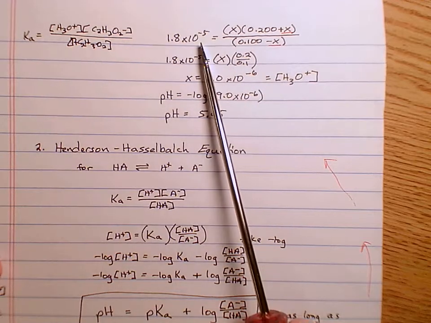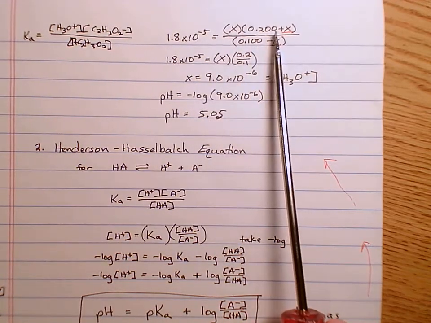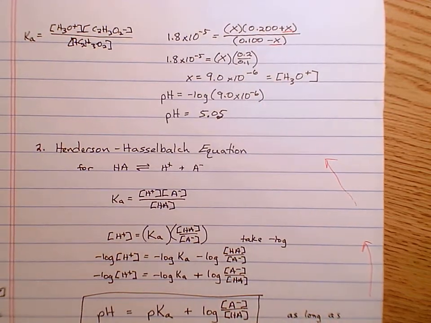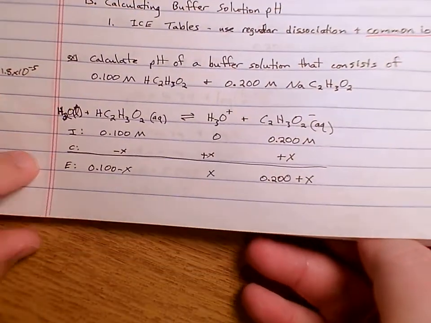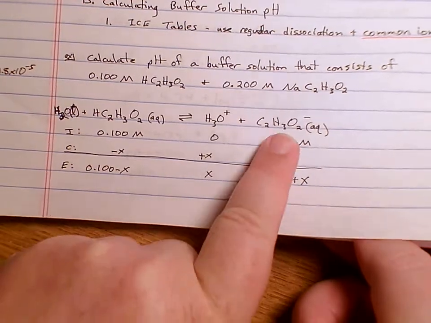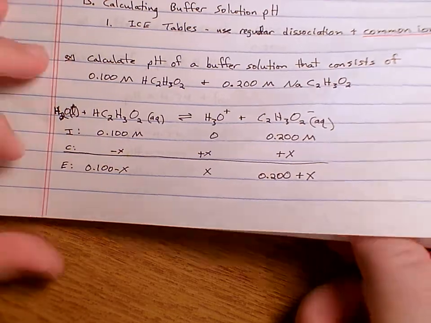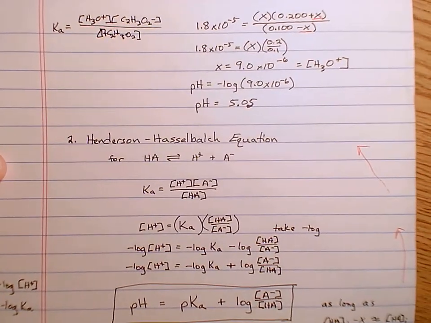Plugging in our numbers, our 1.8 times 10 to the minus fifth, note we've got X, we've got 0.200 plus X, and 0.100 minus X. Because on the previous page, we had the 0.200 plus X for the concentration of acetate and the 0.1 minus X for the acetic acid. So those are the values that we plug into the Ka expression.